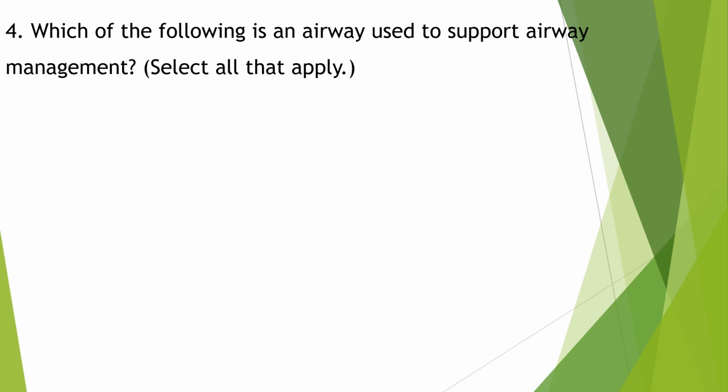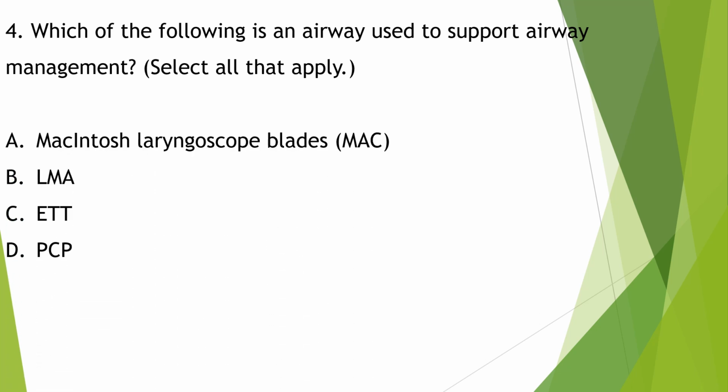Which of the following is an airway used to support airway management in the post-operative or during the intraoperative period? Is it a MAC, that is Macintosh laryngoscope blades, LMA laryngeal mask airway, endotracheal tube, or is it penicillin? So here you need to know that during the surgery it is either a laryngeal mask airway or endotracheal tubes, or you can say a simple face mask that will be used to support the airway.